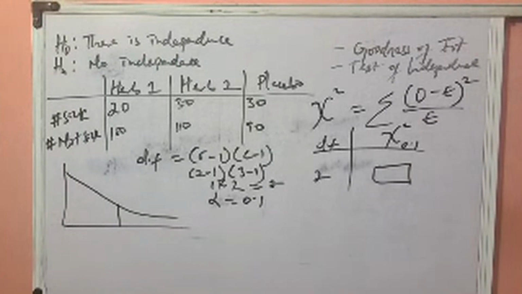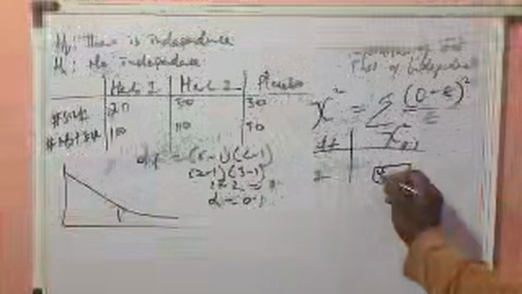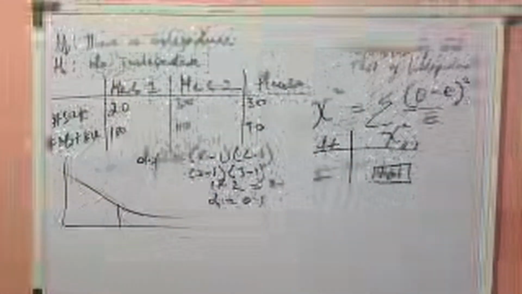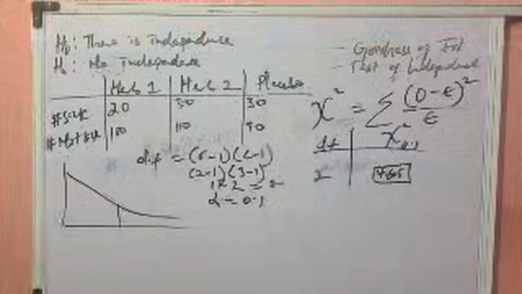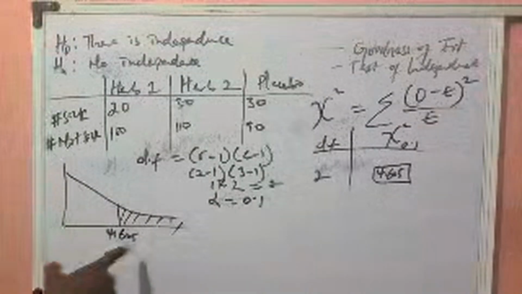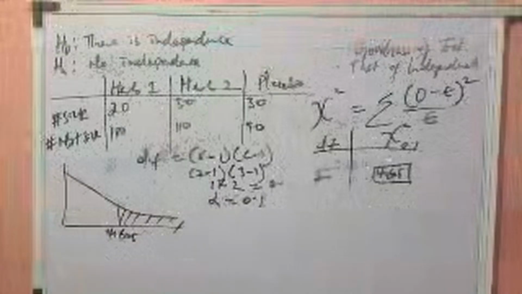That's quite nice. 4.605 was actually the table value I got. Now, that means your critical value will be 4.605. So obviously, if your test statistic, when you eventually calculate it, falls within this region, you are going to be rejecting the null hypothesis.